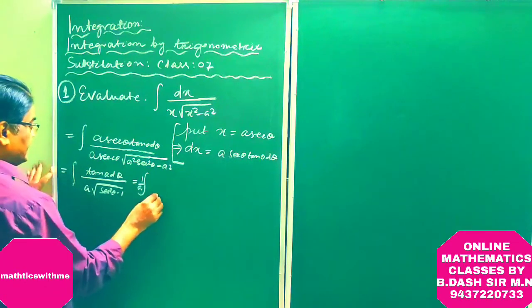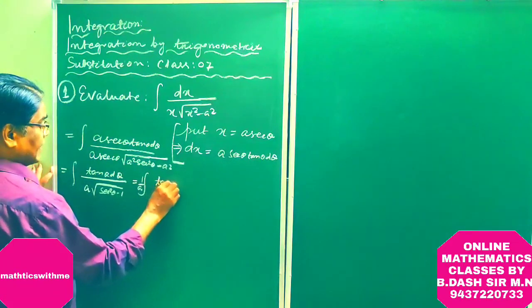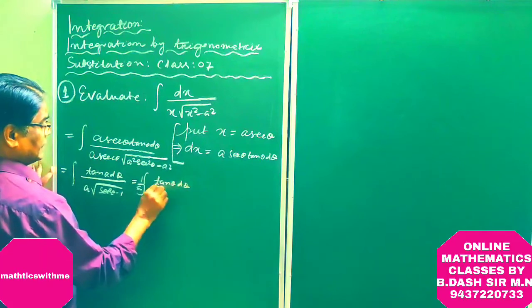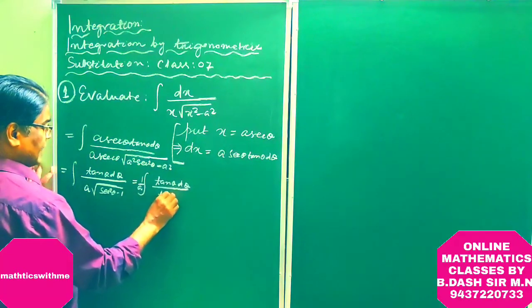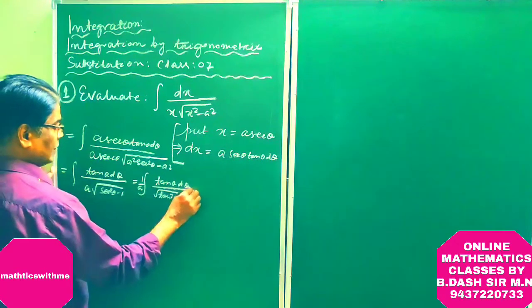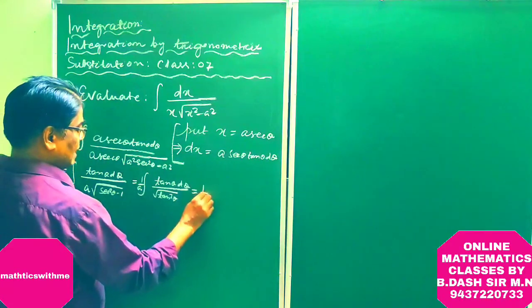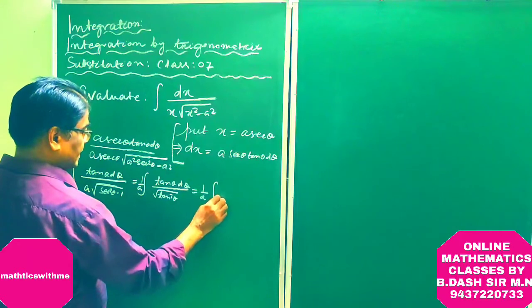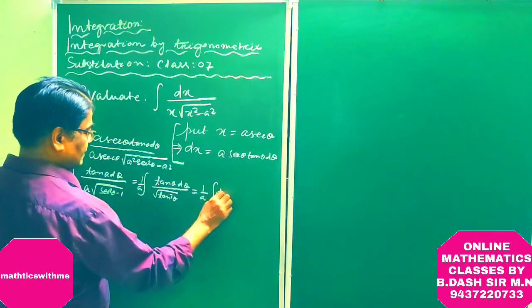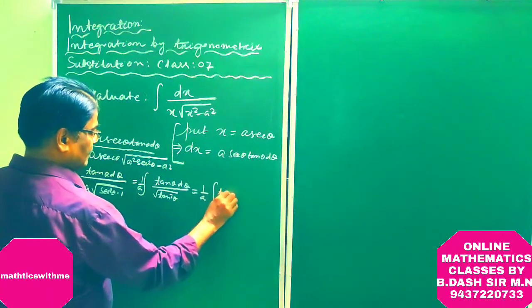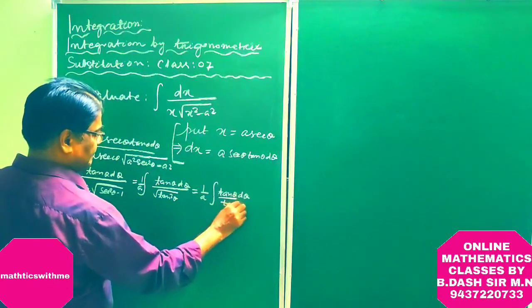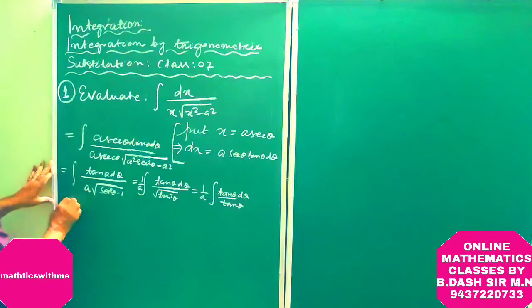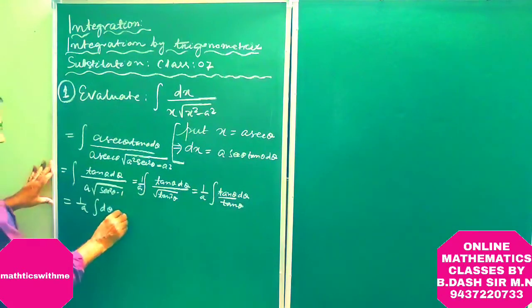1 by a integration tan theta d theta divided by root over tan square theta. This is equal to 1 by a integration tan theta d theta divided by tan theta, which is equal to 1 by a integration of d theta.